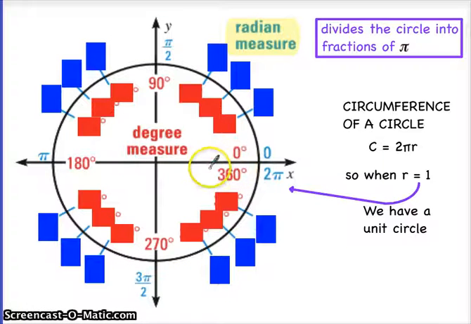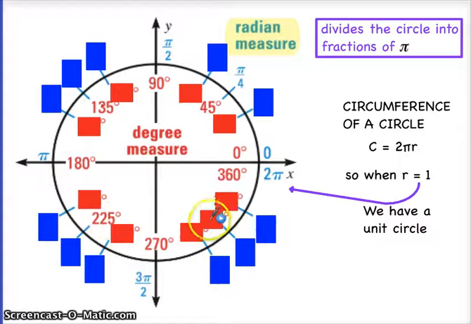We can also think of what common angles we tend to use in degrees. We usually use things like 45 degrees. Well, 45 degrees is half of 90. So half of a half of pi is going to be pi over 4. And if we do multiples of that, 45 plus 45 is 90, plus another 45 will be 135. We can also add it on again, get 180, 225, 270, and 315.